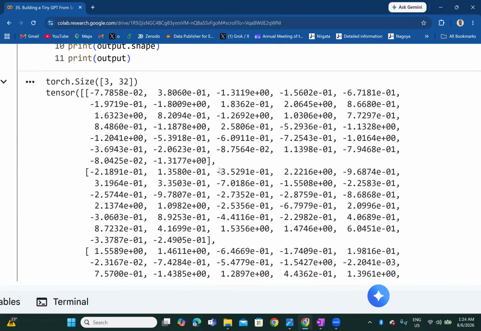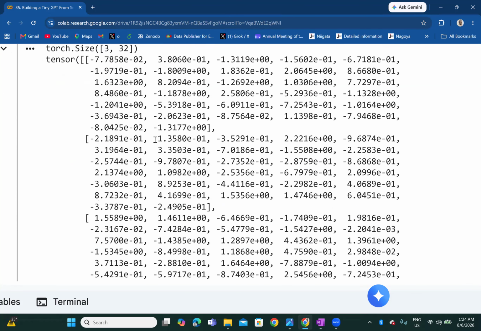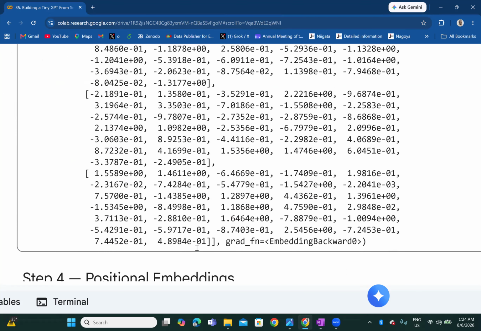This is one row with dimension 32, the second row with its 32, the third row with its 32. So these are the three tokens with their embeddings now.